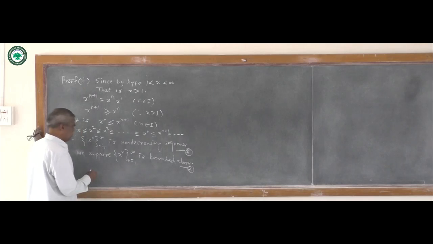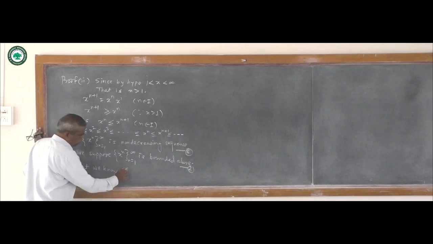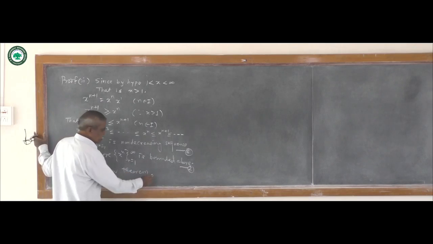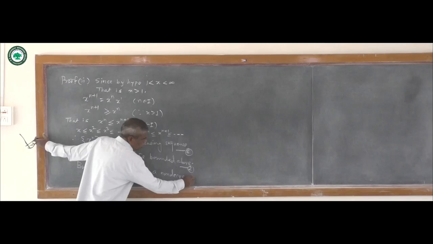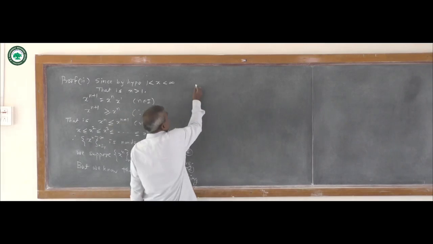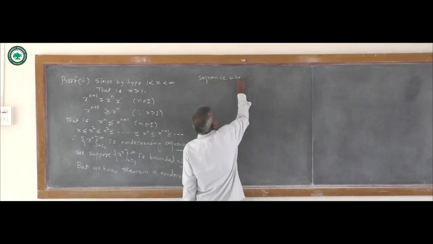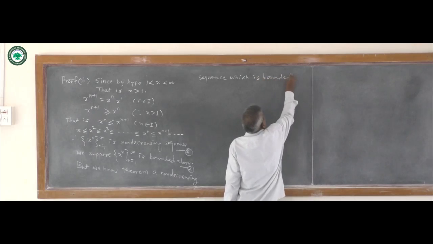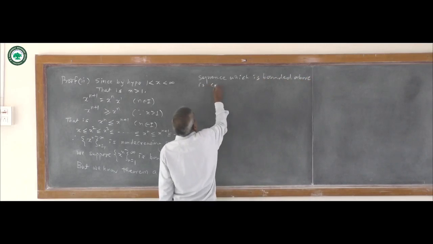But we know theorem number 1 on monotonic sequences: a non-decreasing sequence which is bounded above is convergent.